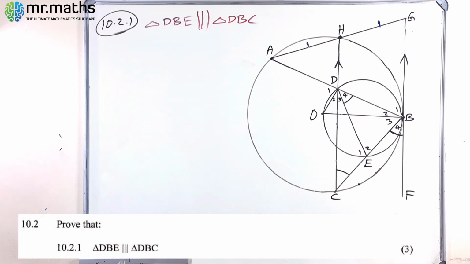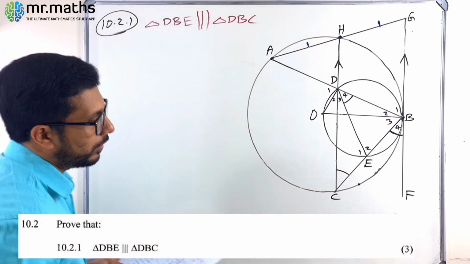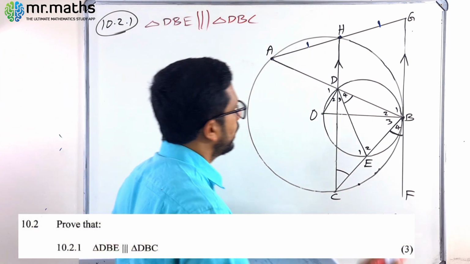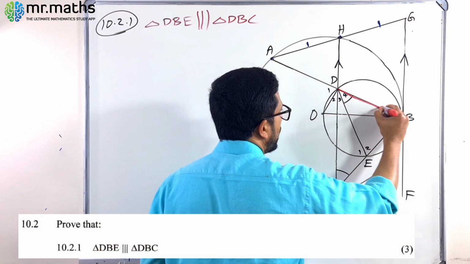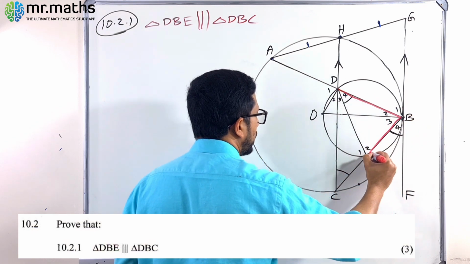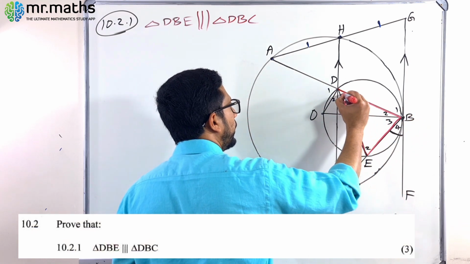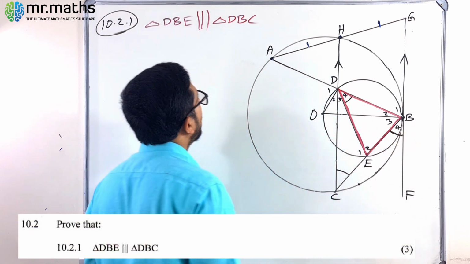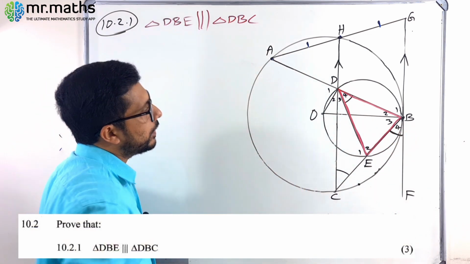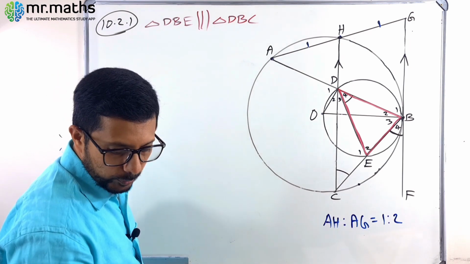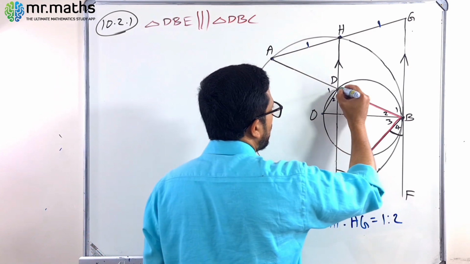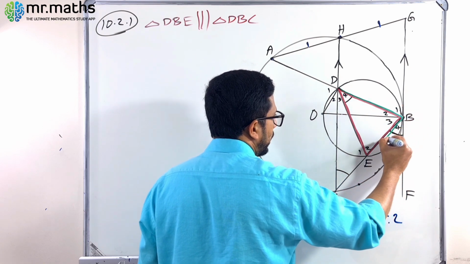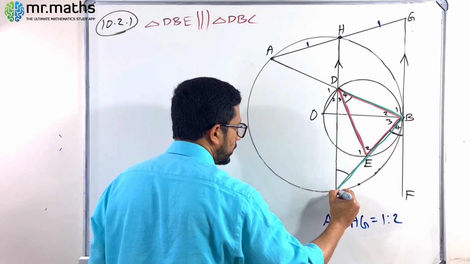Where are those two triangles? DBE means which triangle? That means this triangle, this red one. And the next one is DBC, that big one. D, B, and now it is C.